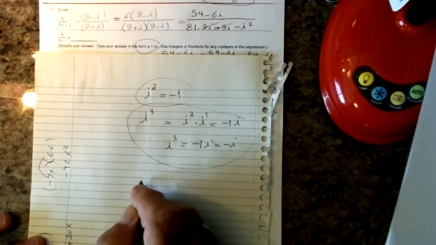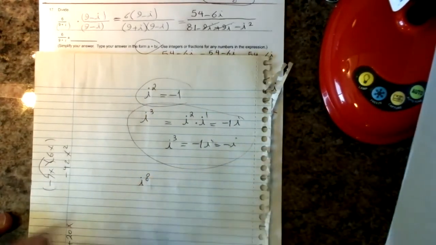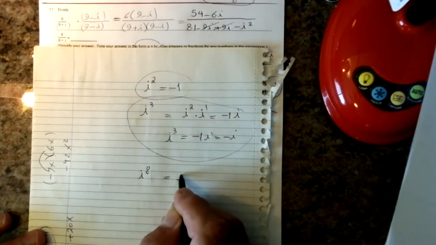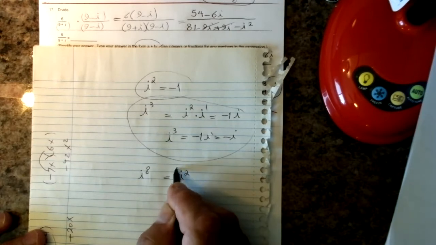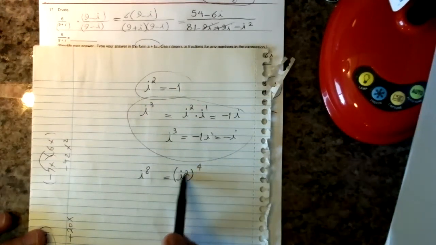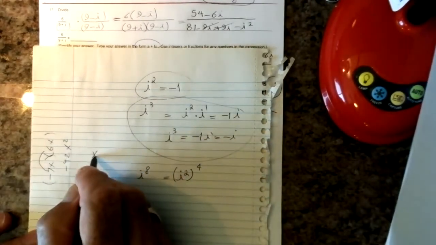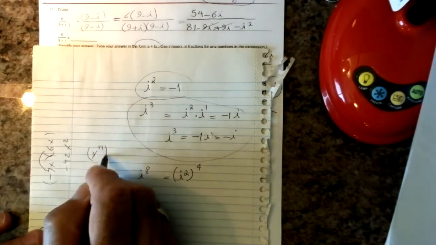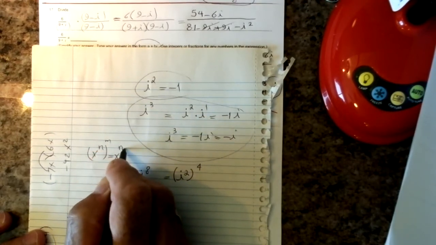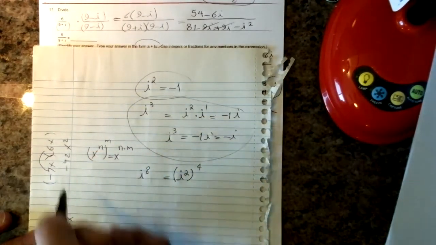What is i to power of, let's say, 8? If it's an even number, you write it as i², and then the whole thing to power of 4. Remember, if you have more than one exponent, you always multiply the exponents. Very first formula that we use in this class.